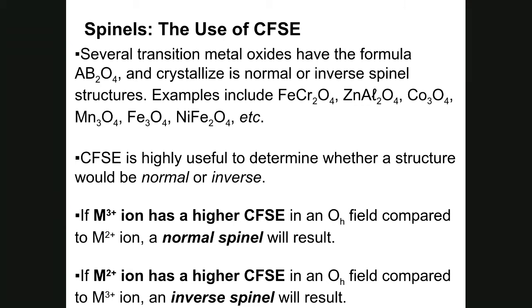Then we say it is a normal spinel, because the crystal field stabilization energy of the 3+ oxidation state is larger than that of the 2+ oxidation state of the metal in that spinel. And the spinel will be inverse if the opposite is the case. If the metal ion in a divalent state has a larger crystal field stabilization energy than the 3+ oxidation state, then you've got an inverse spinel.